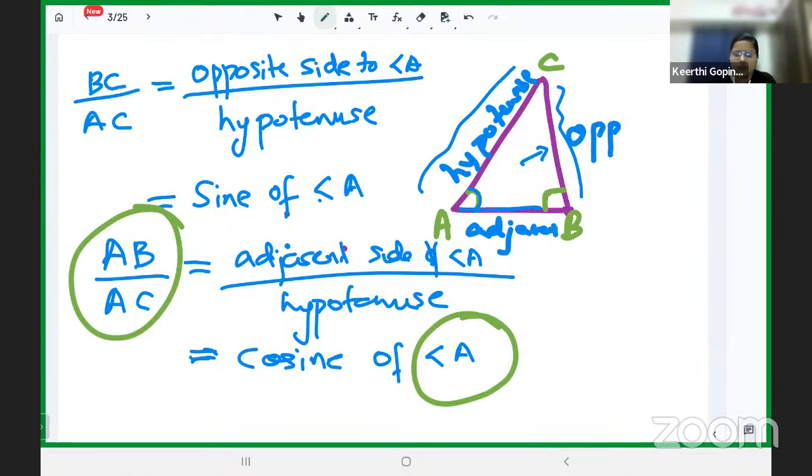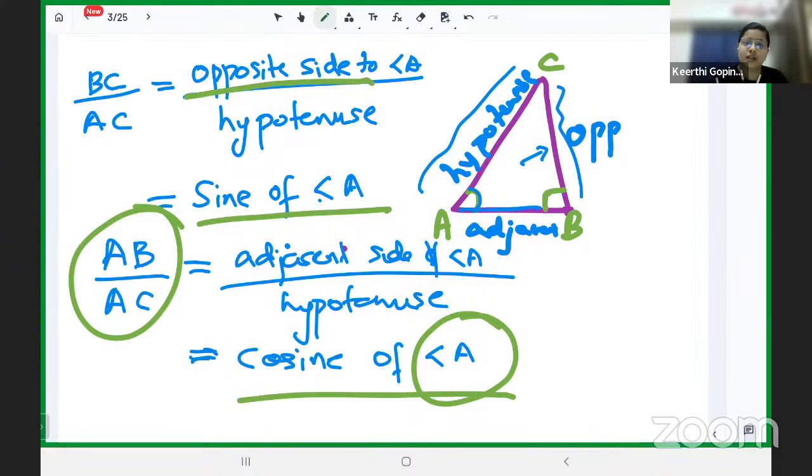So if I connect opposite side and hypotenuse, that is known as the sine of angle A. If it is adjacent side by hypotenuse, it is known as the cosine of angle A. Is that clear to you all?